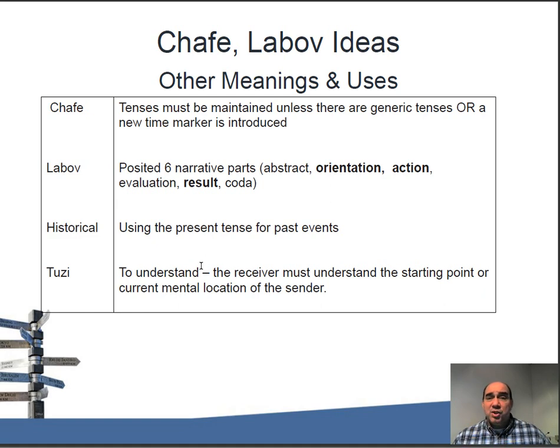There's also the historical past. And this is when people use the present tense to talk about past events. Okay, so again, someone is teaching about Washington, and they're saying, and now when Washington crosses the Delaware, he looks around and he sees, whatever. Actually, when Washington is stuck on the New Jersey side, at night, he goes out and he prays for God to provide a way across.